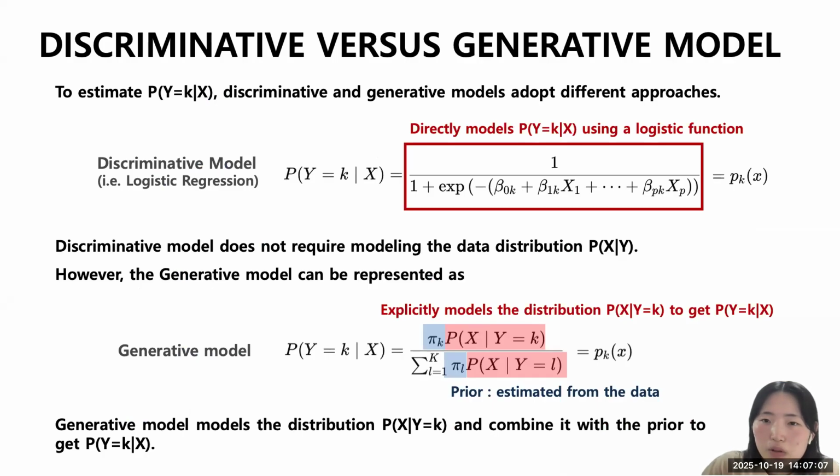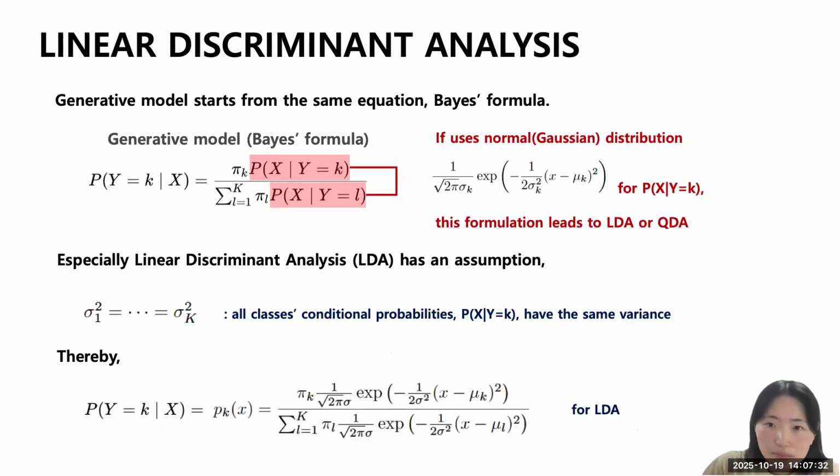A discriminative model like logistic regression directly models the posterior probability using a function without describing how the data are distributed. In contrast, a generative model such as LDA and QDA first models P of X given Y and the class prior pi, then combines them using the equation to obtain the posterior probability.